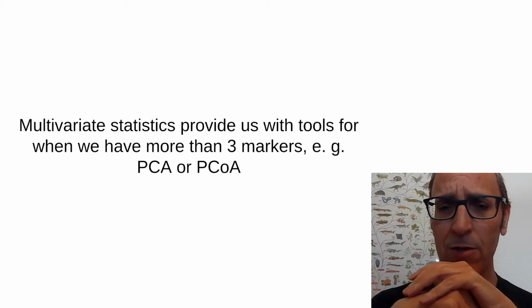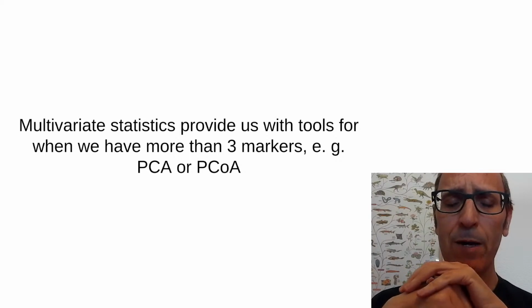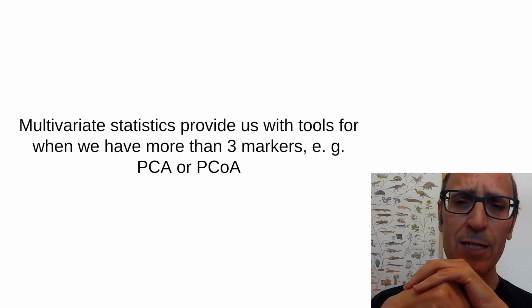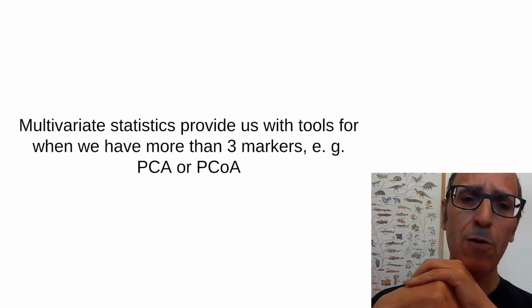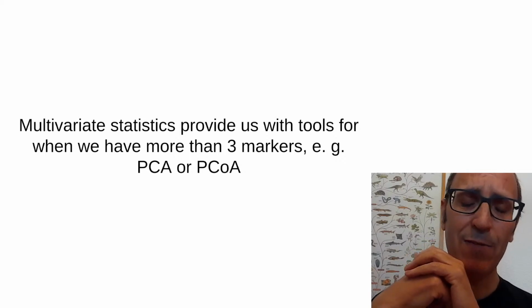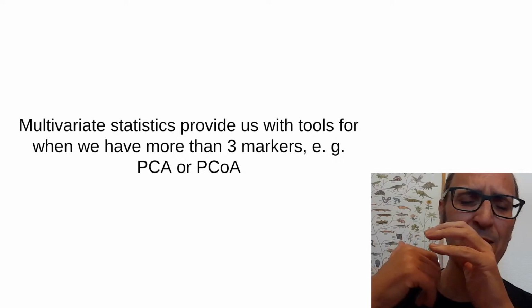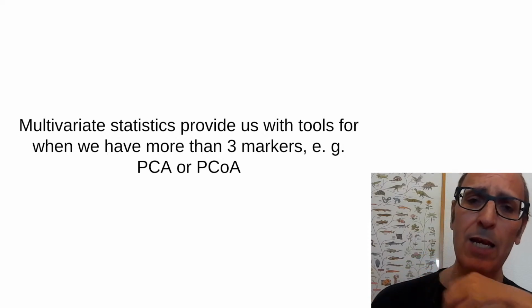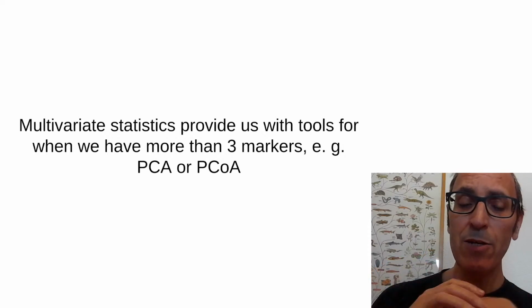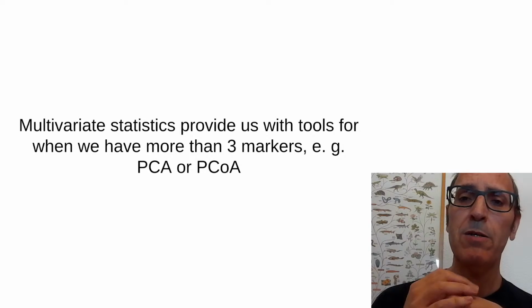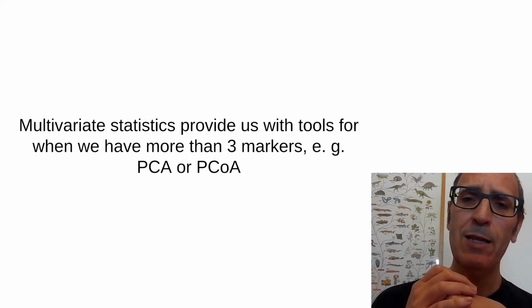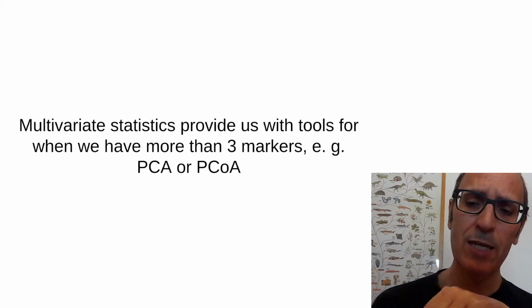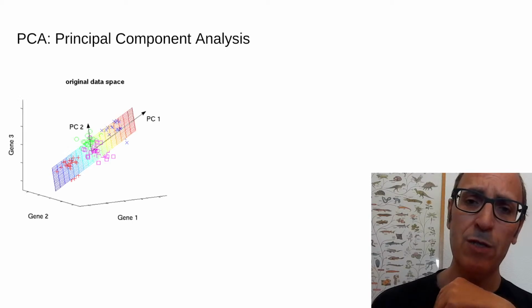One is called PCA, principal component analysis, and another is called PCoA, principal coordinate analysis. They are very, very similar. Their differences are not our concern in an introductory course. But we can use them if we have more than 3 markers in order to represent the individuals in a 3D space or in a 2D space.